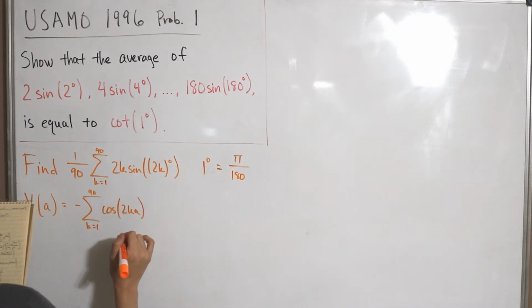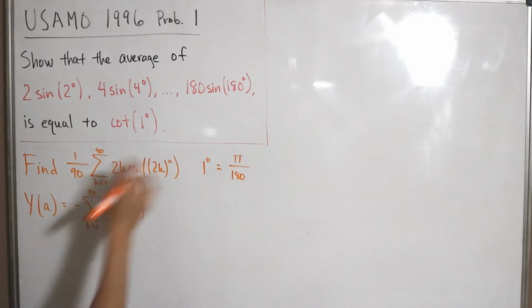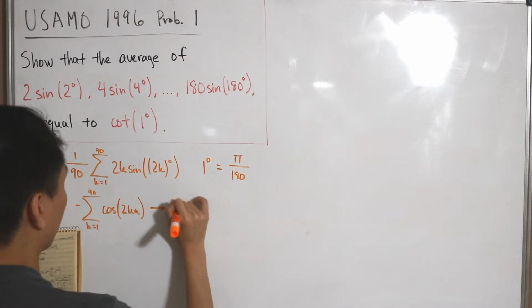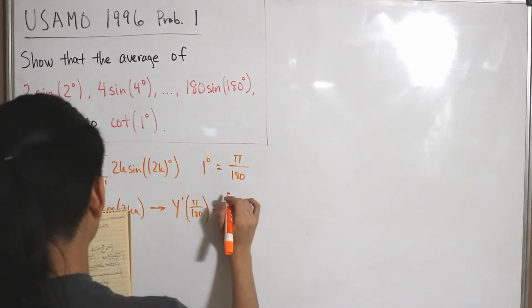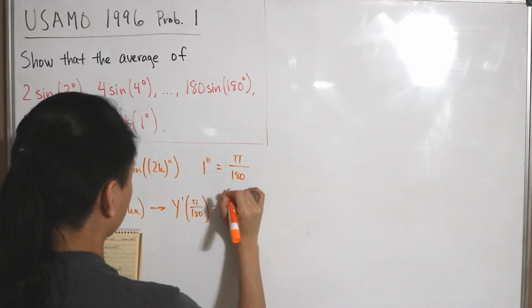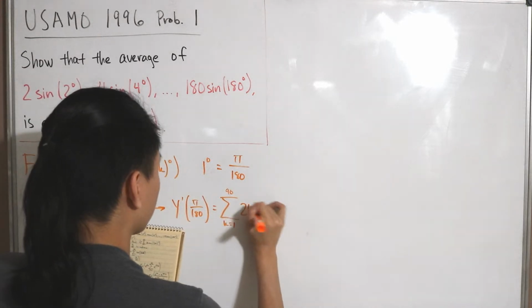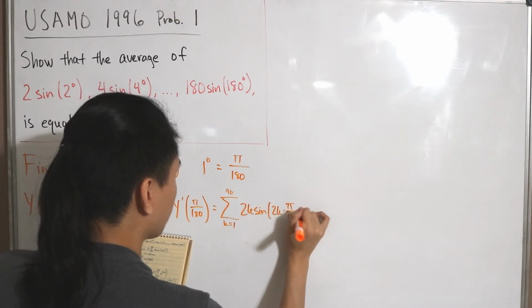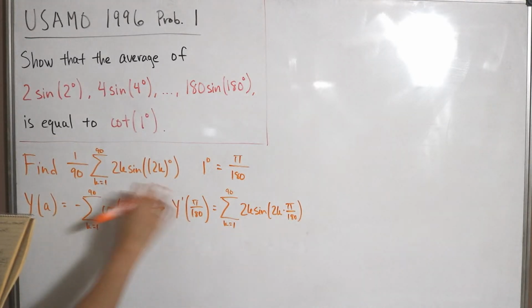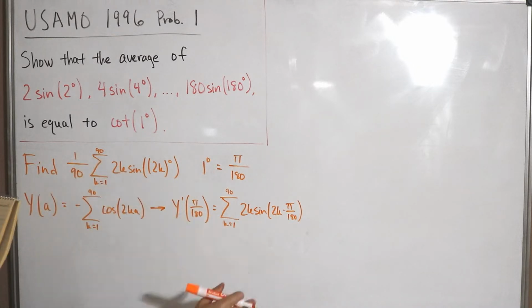Then if we take the derivative and plug in the input, y prime of pi over 180 equals, the negative just cancels out, so we're left with the sum from k equals 1 to 90 of 2k times sine of 2k times pi divided by 180, which is indeed what we want to solve for. For now that's the sum, but all we have to do is multiply by 1 over 90 at the end, so we'll save that for the very last thing.